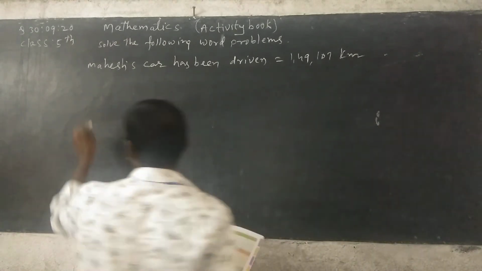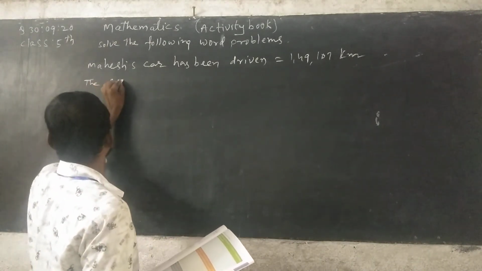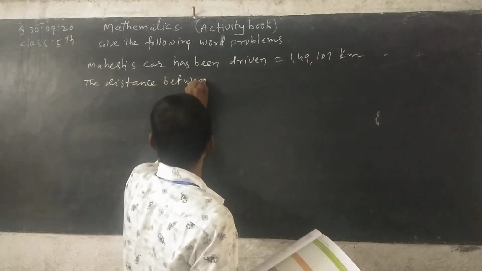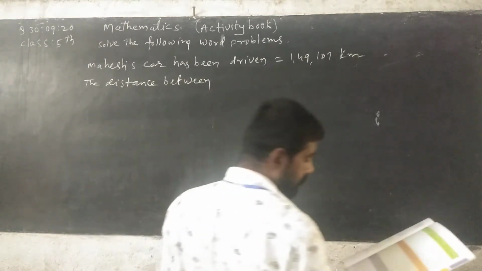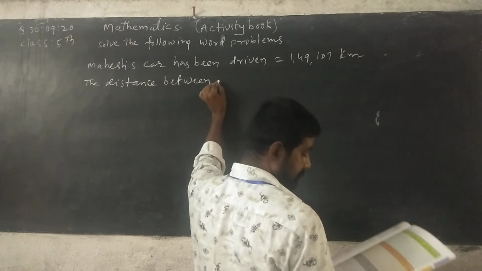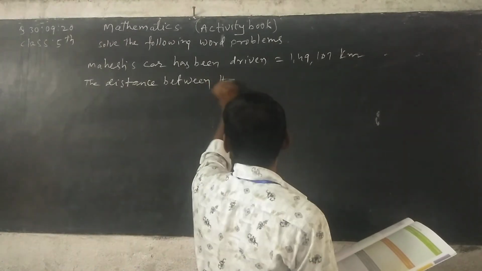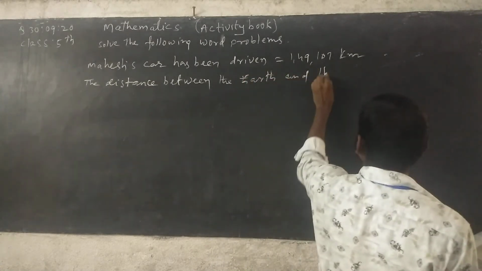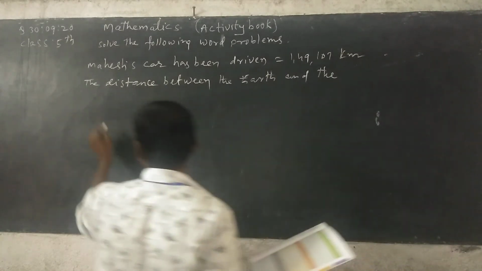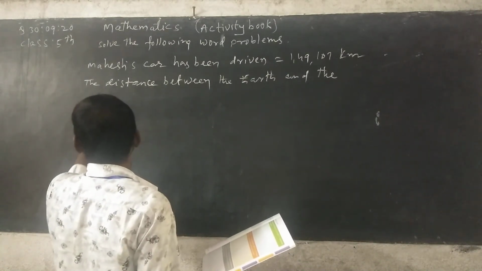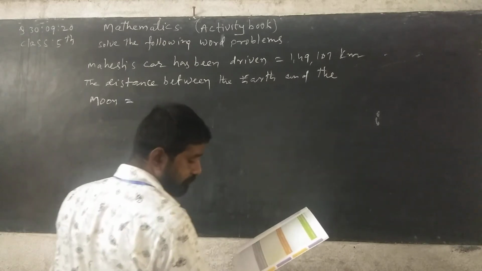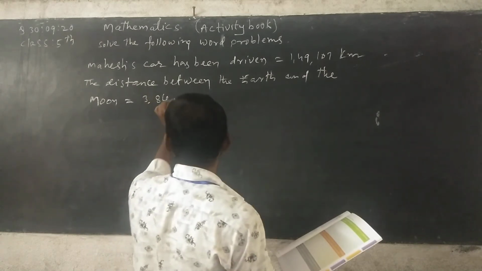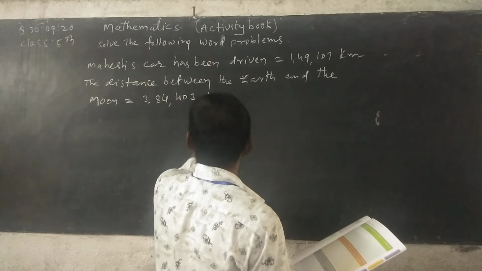The distance between the Earth and the Moon is equal to 3,84,403 kilometers.